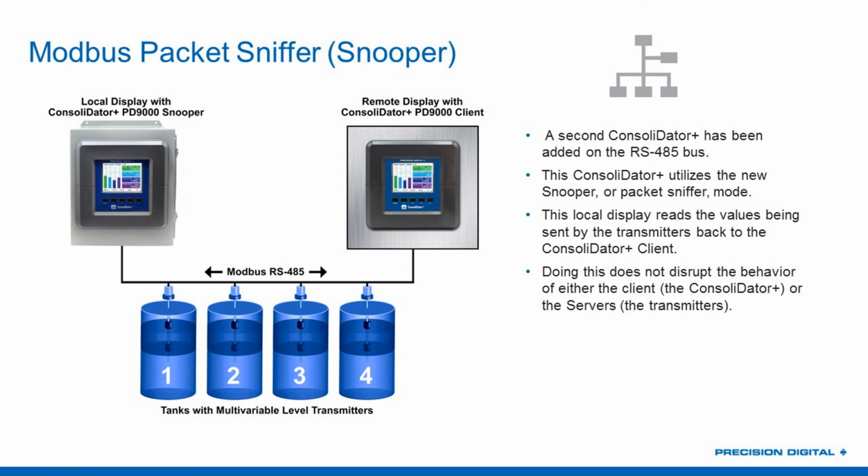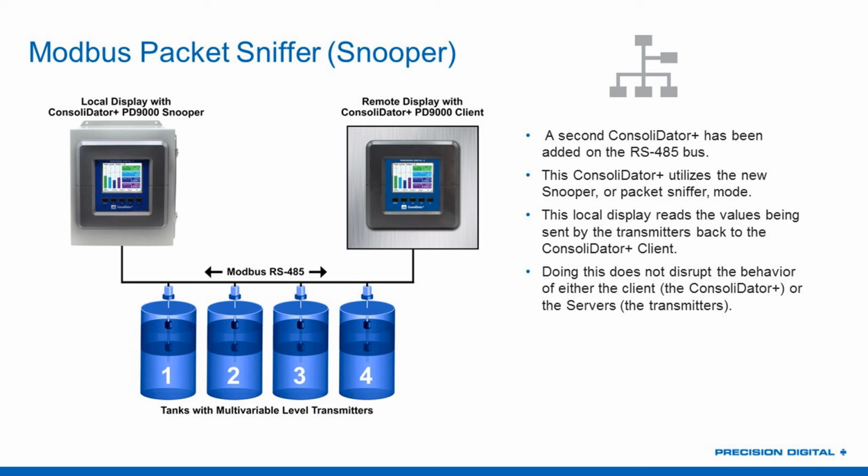Instead, it sits there and listens, and you program it to say, when you hear the device at server address 247 respond back with its Modbus register 0, capture that value and display it as one of your process variables.